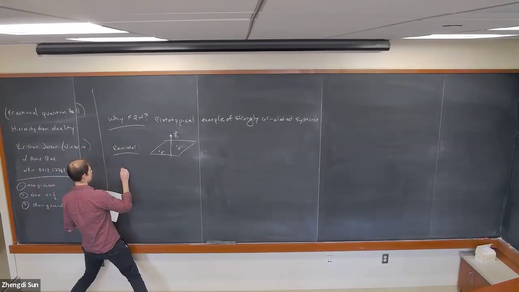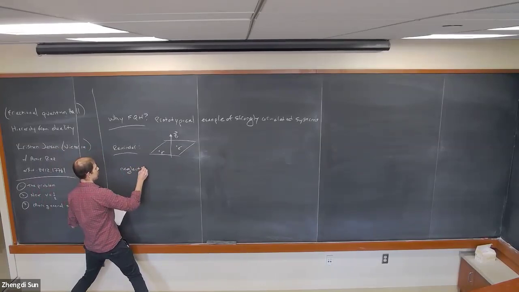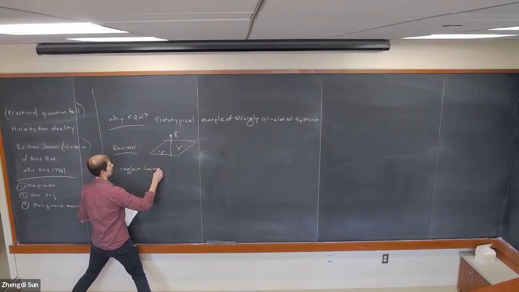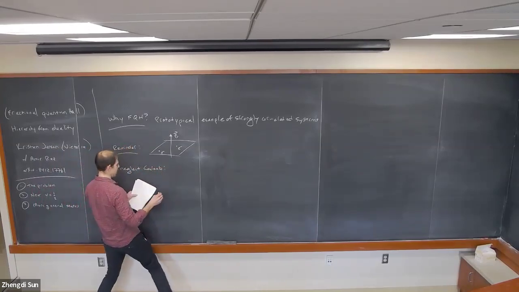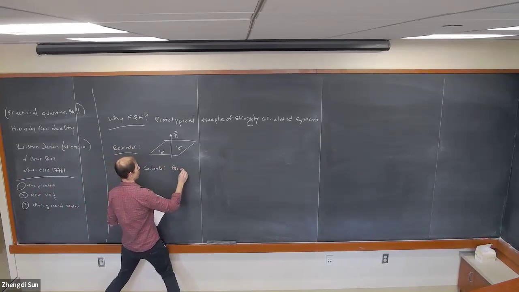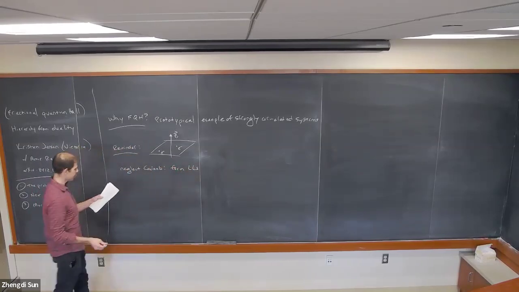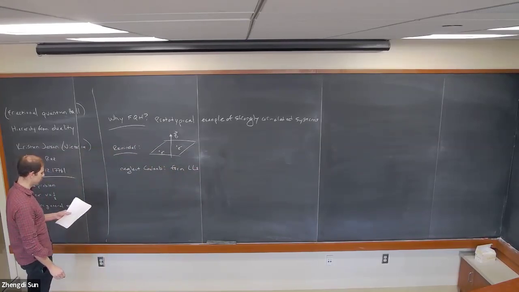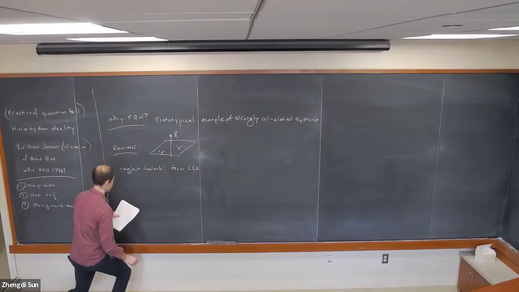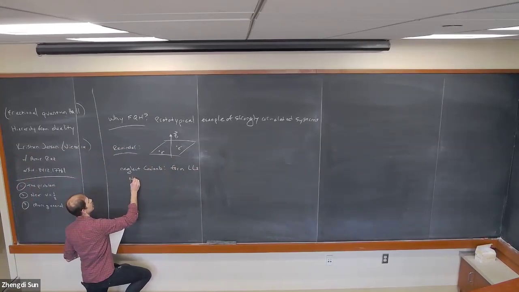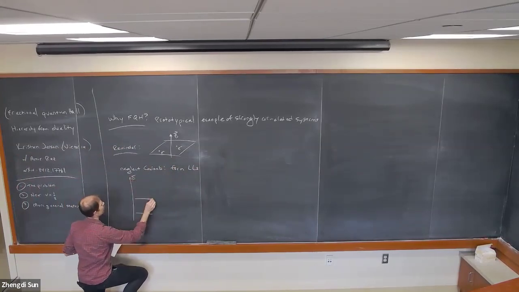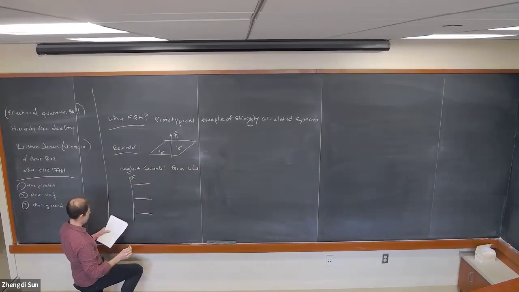Well, in that case, the electrons will form Landau levels. And the spectrum of energies that you get looks like this. So you have bands.